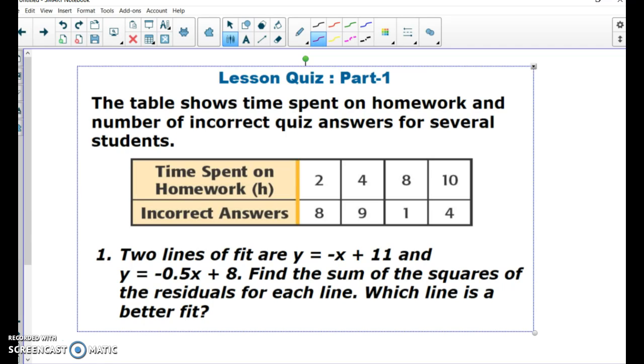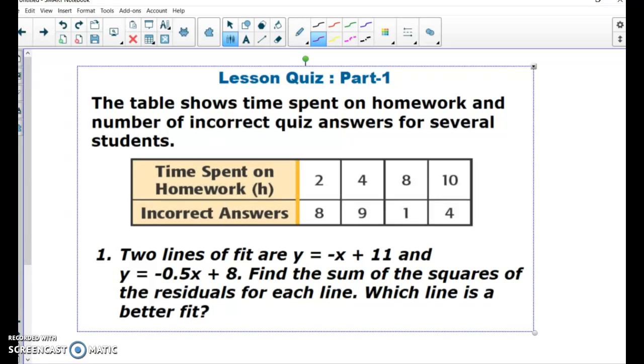So it's time for this lesson's quiz. I'd like you to do this after you have completed the homework assignment, which is on PowerSchool. So in the first part of this quiz it says, this table shows time spent on homework and the number of incorrect quiz answers for several students. So kids who spent 2 hours on homework a week got, on average, 8 incorrect answers.